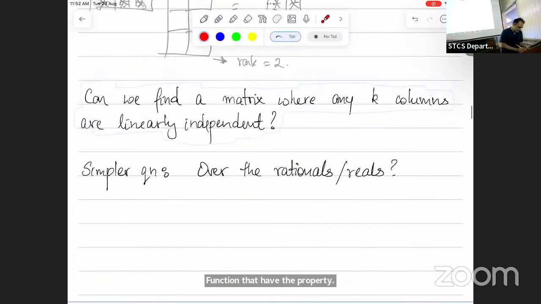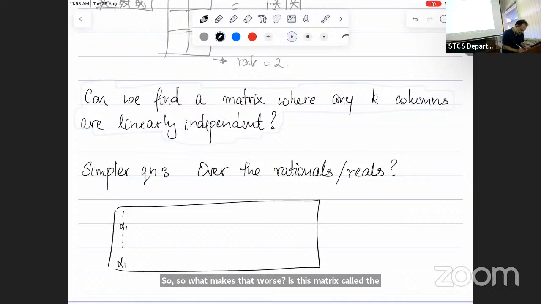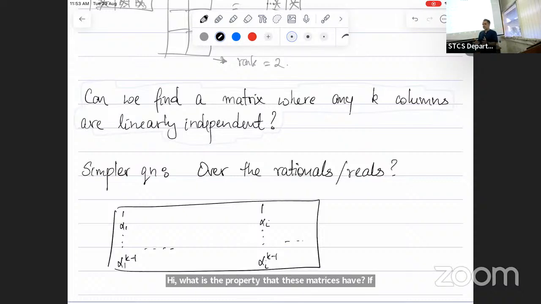So one matrix that works is the matrix called the Vandermonde. You just have 1, alpha 1, up to alpha 1 to the k minus 1, and so on, 1, alpha i, up to alpha i to the k minus 1, as many columns as you want. And what is the property that these matrices have? If you take any k columns, those correspond to some choices of alpha 1 through alpha k that you chose, and then you get a k cross k Vandermonde matrix.